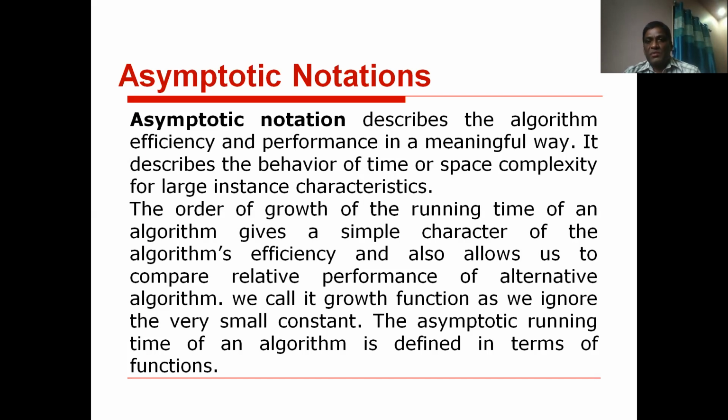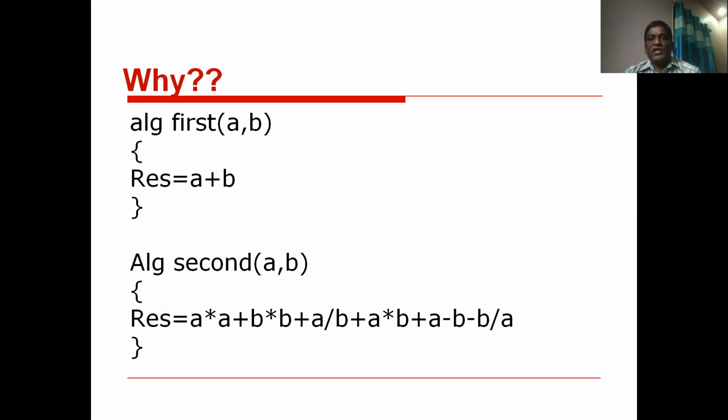So you remember that single aspect of asymptotic notations, they are used for representing the time complexity and space complexity. Why do we require a special notation for representing time complexities? We need to understand that first. So let us understand it with an example.